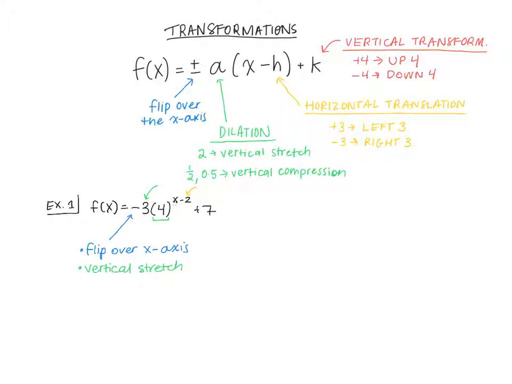It's going to be in my group. So I know that's going to be my horizontal translation, and it will move 2 units right, because I know I have to do the opposite when it's horizontal. And finally, I have the 7 outside my equation. Since it's outside, I know it's my vertical transformation, and it will go up 7 units.